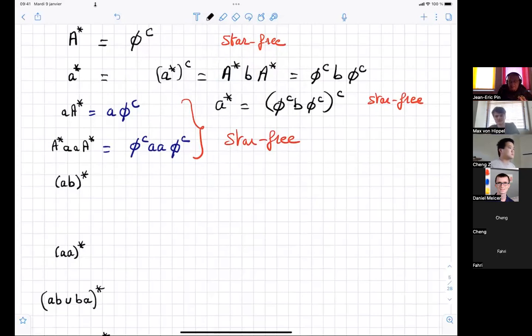I will give you the solution, but even the solution needs explanation. So as usual, I will try to compute the complement of this language. I claim it is the complement of this.